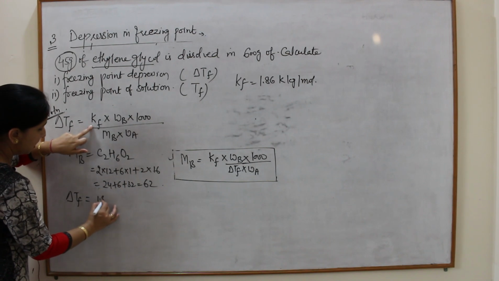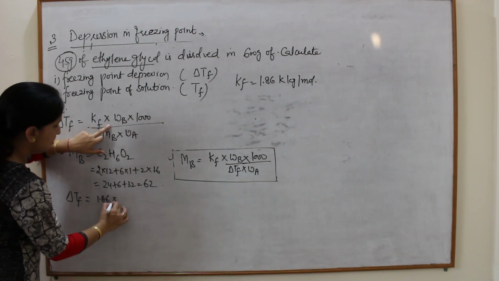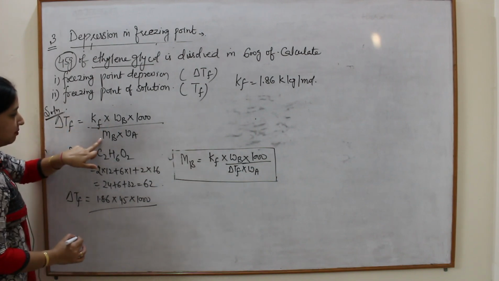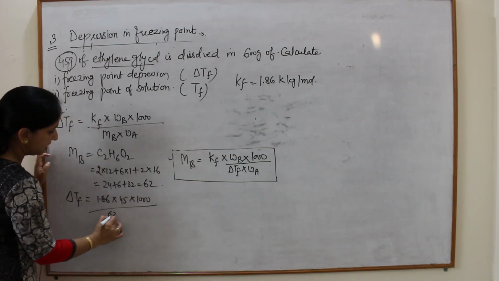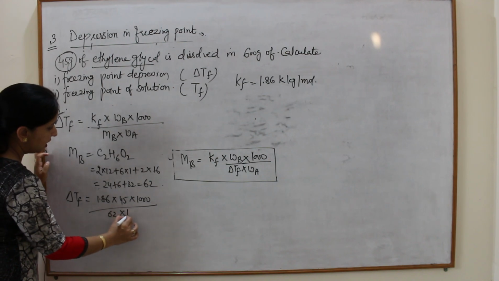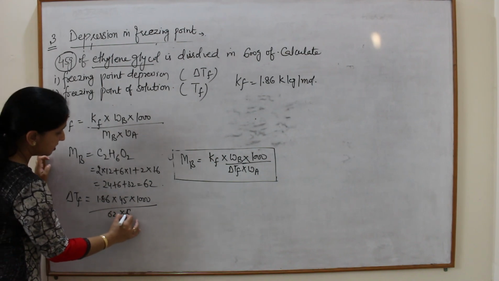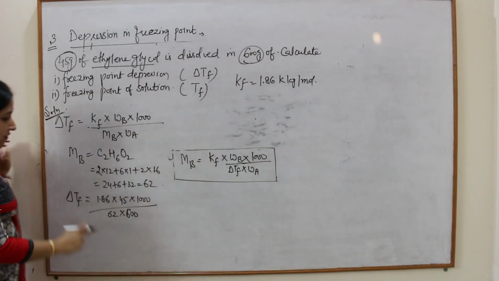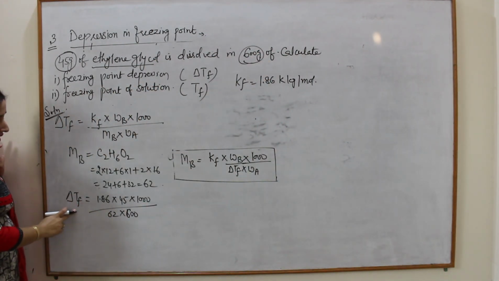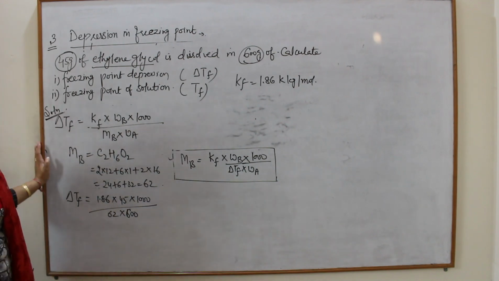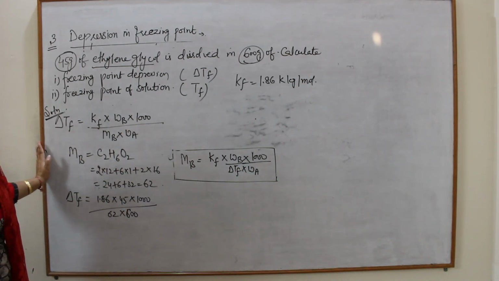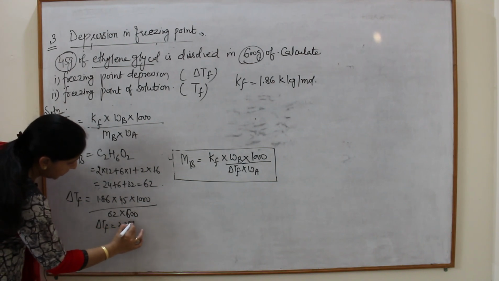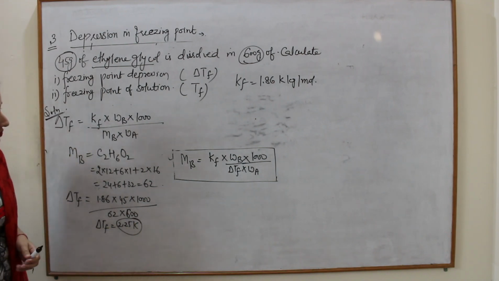KF is 1.86, WB is 45, multiplied by 1000, divided by MB, which we have calculated as 62, and WA, meaning 600, the weight of the solvent. With the help of this formula, the value of delta TF comes out to be 2.25 Kelvin.